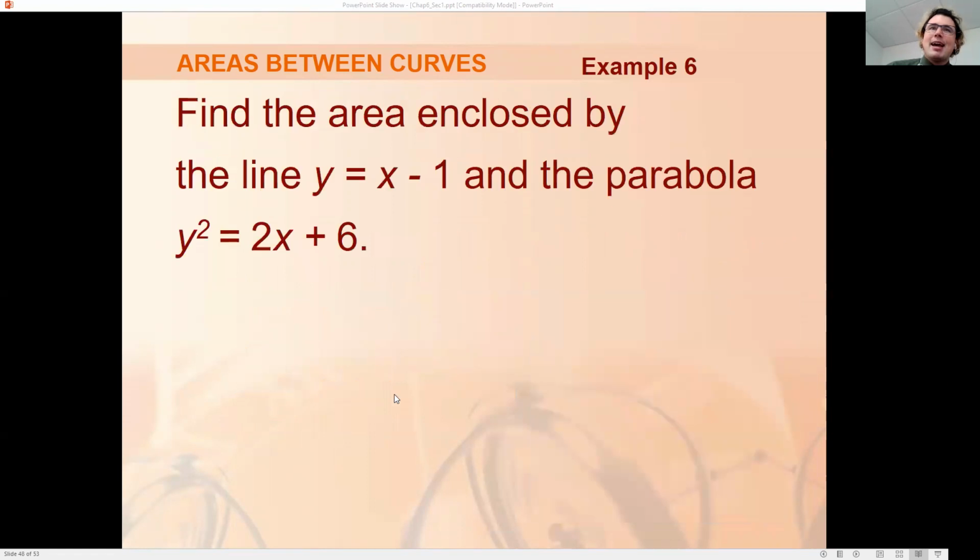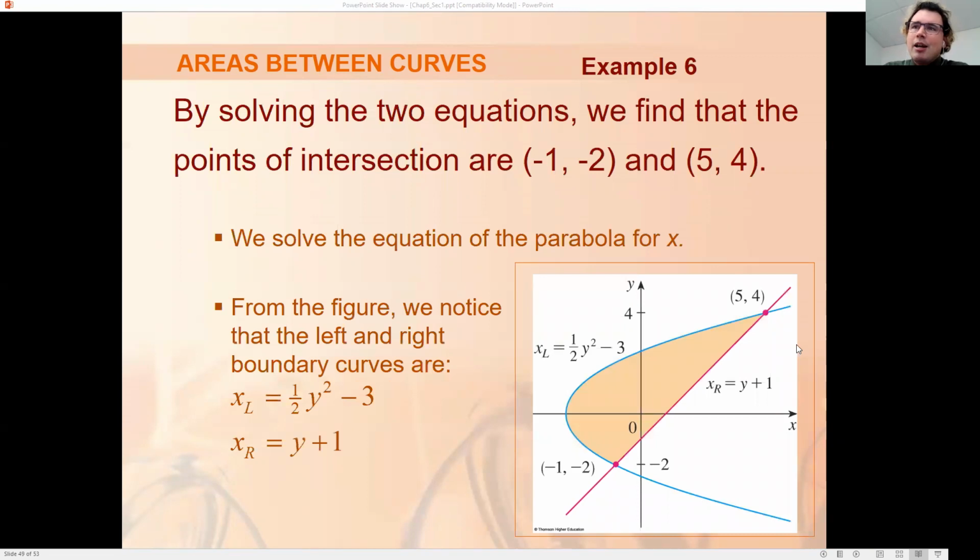So let's take as two different functions, the line y equals x minus 1, and the parabola y squared equals 2x plus 6. It'll be a pretty deficient parabola. So this is a parabola, but it's not a function of x. Let's take a picture here.